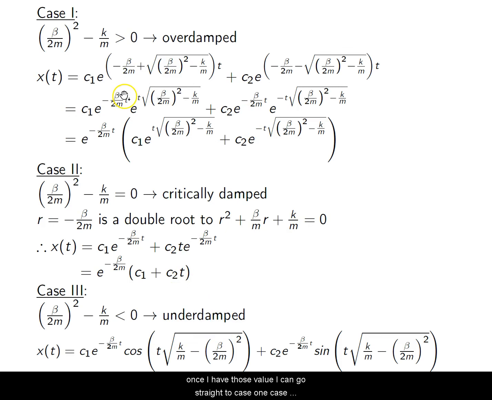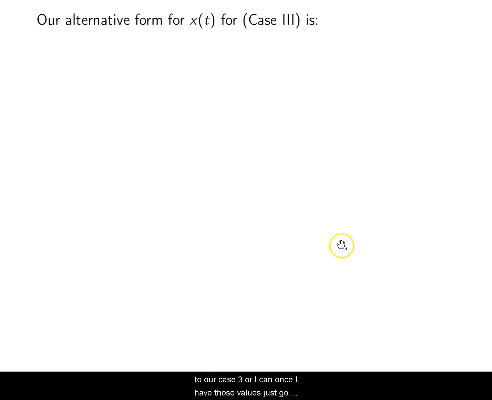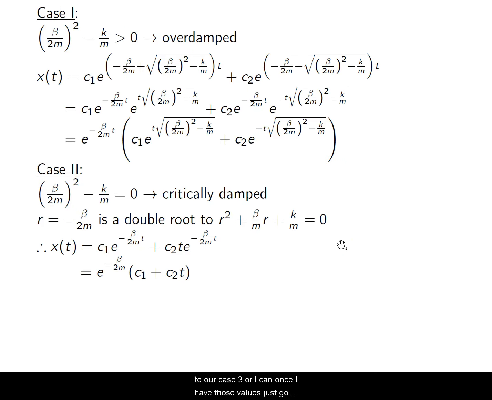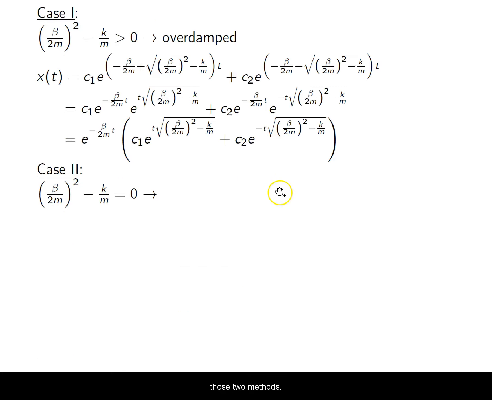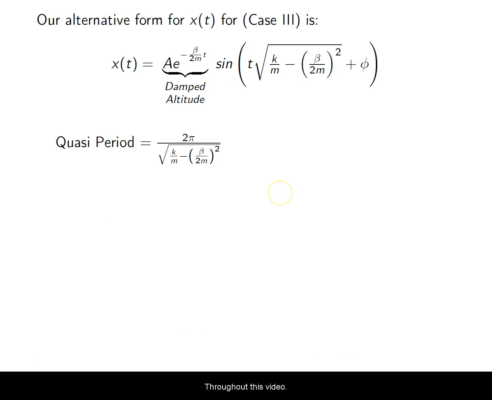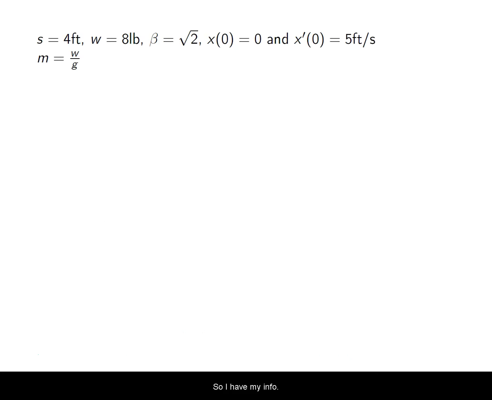So once I have those values, I can go straight to case 1, case 2, or case 3, or I can just plug them into my equation and solve the equation from scratch. That's fine too, whatever you want to do. Again, as I said, I'm going to go back and forth between those two methods throughout this video, okay?